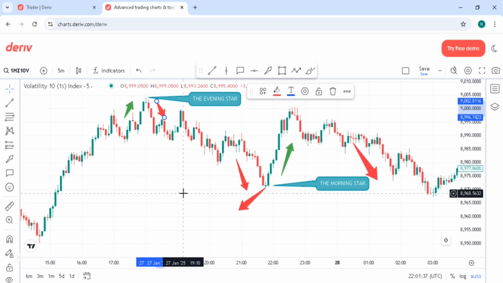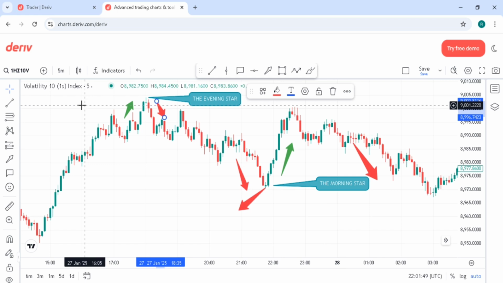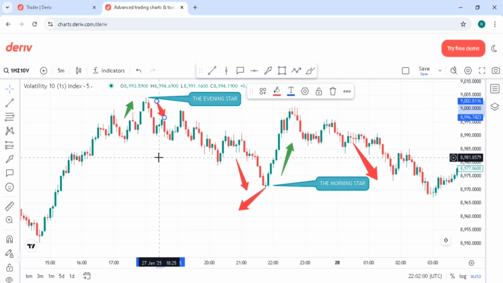Now, these two patterns should be used at support and resistance. For the morning star, this one should be used at the support. The evening star should be used at the resistance area. So don't use them in isolation. Make sure that at least you have background information of what a support area is and what a resistance area is. Of course, we covered that in the previous parts.